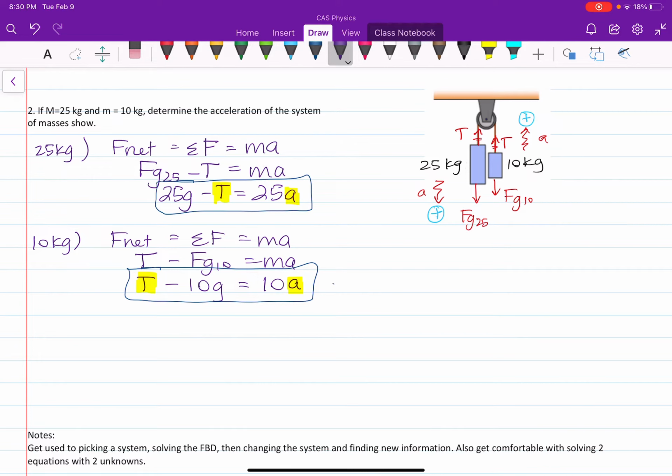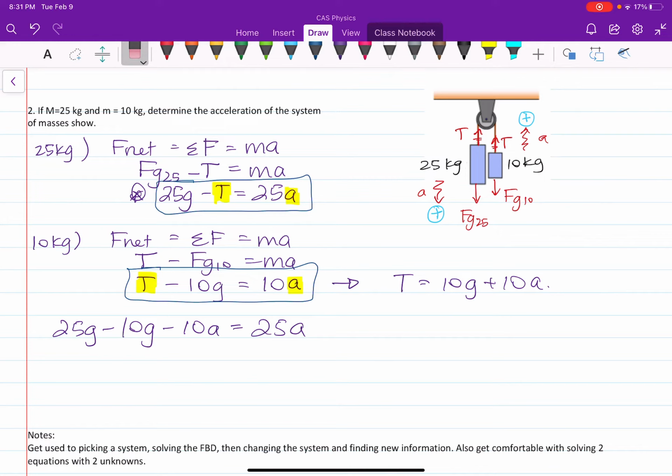Okay, so we can start by rearranging this equation so that T equals 10g plus 10a. And we sub it into this equation. When we do that, we get 25g minus 10g minus 10a. I distributed that negative sign, and that equals 25a. So then we're trying to find a, so let's do it that way.